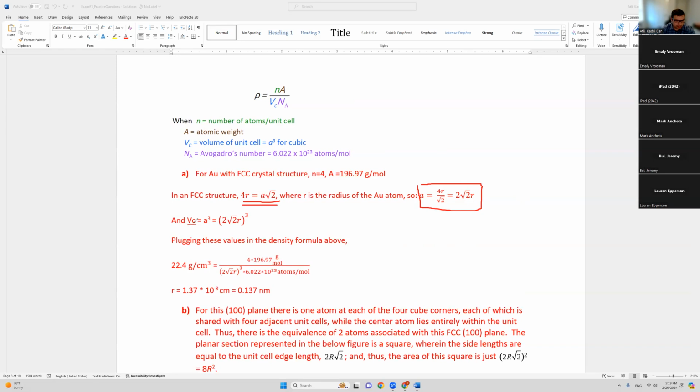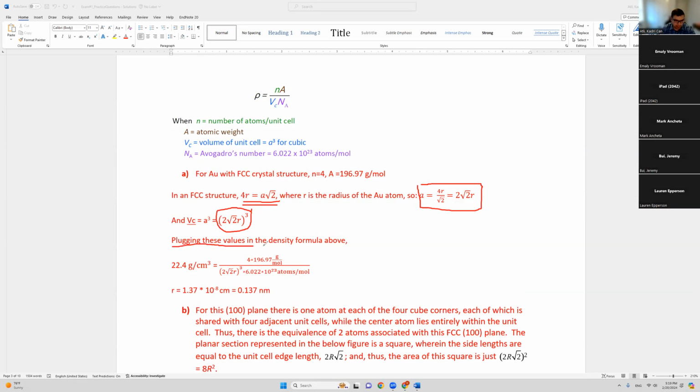And then we can find the volume of the unit cell in terms of this R, right? Volume will be A cube, so we can write volume as 2 times square root of 2 times R to the power of 3.